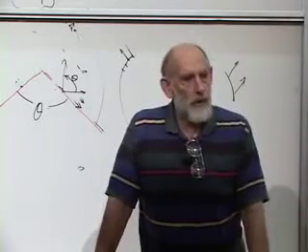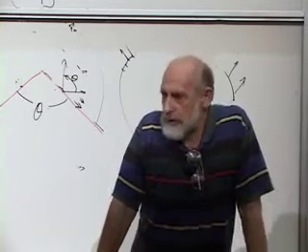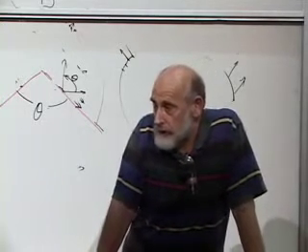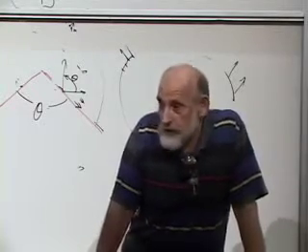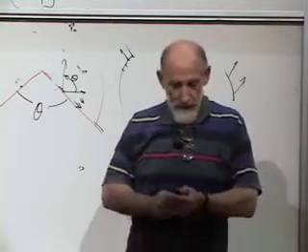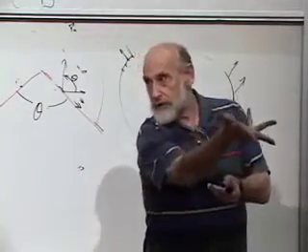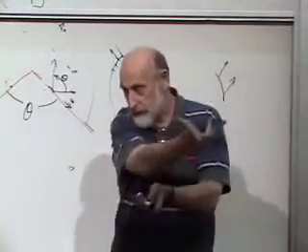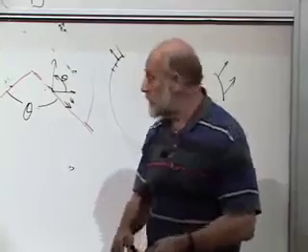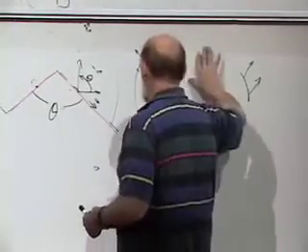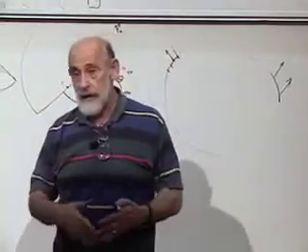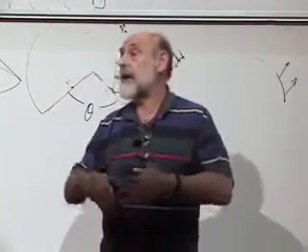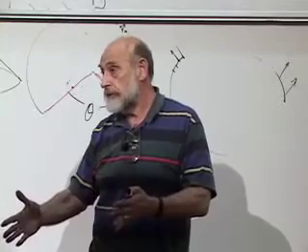If you parallel transport something along a geodesic, it will stay at the same angle to the geodesic, at least in 2 dimensions. 3 dimensions gets a little more complicated because a vector can twist around. So there's something called torsion where the vector can twist around. But at least in 2 dimensions, if you transport a vector on a geodesic, then it will stay at the same angle to the curve.